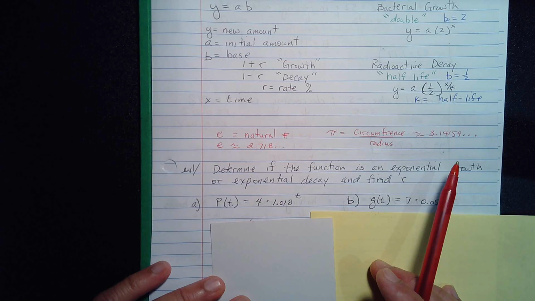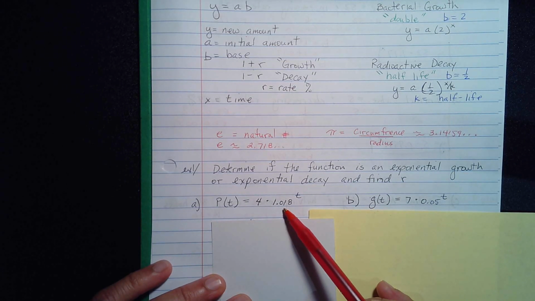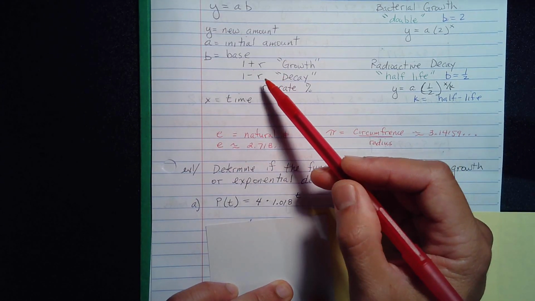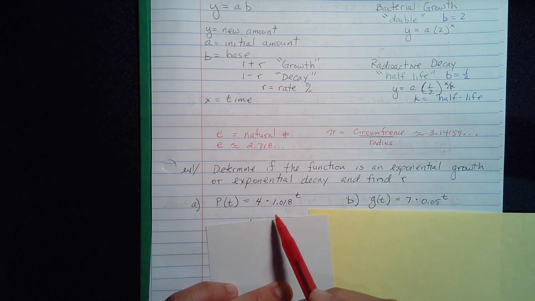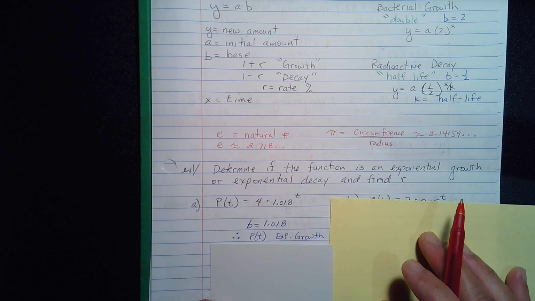Part a, we have P of t is equal to 4 times 1.018 to the t power. Well, b is 1.018. So since b is more than 1, because if you add anything to 1, it's going to be more than 1. So since b is more than 1, it's an exponential growth.